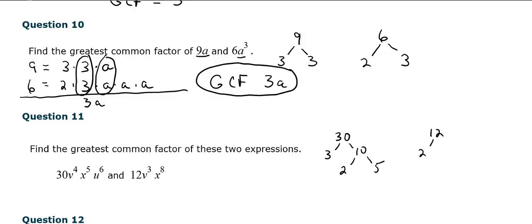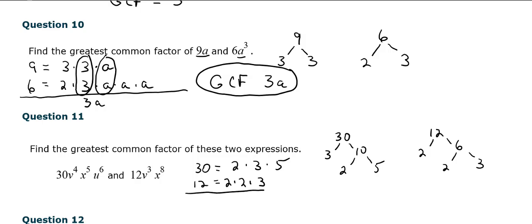And 12 can be 2 times 6, and then 2 times 3. So the prime factorization of 30 is 2 times 3 times 5, and of 12 is 2 times 2 times 3. So I'm going to come back to the variables in a minute.